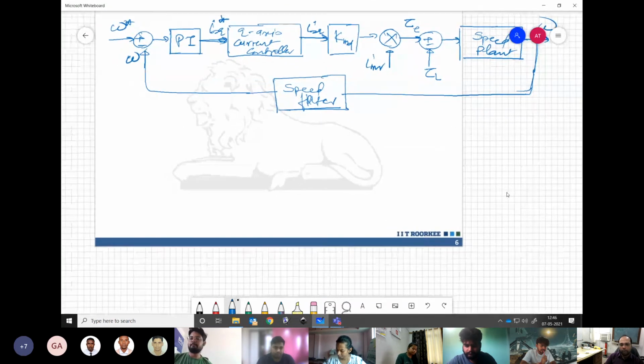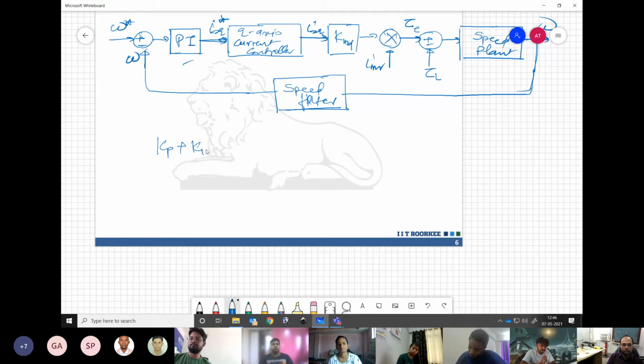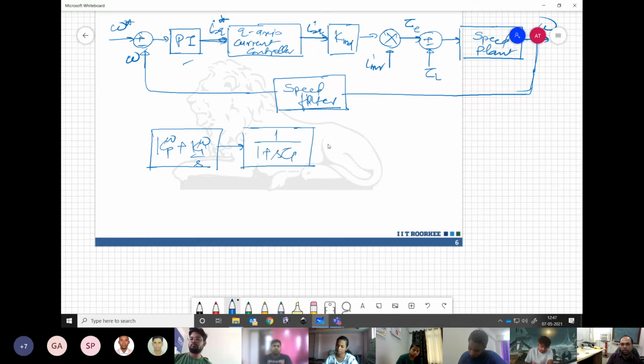Now, what these different blocks are, that we will see. So the PI is what we know, Kp plus Ki by S. Then we have the Q axis current control loop, which is again similar to what we had, 1 by 1 plus S tau y. Then we have KMD into IMR that I can take as one gain or one constant, because IMR settles much faster than the speed control.